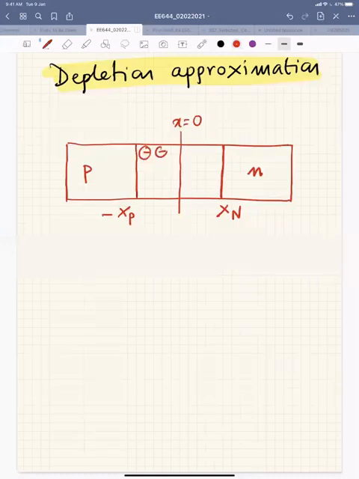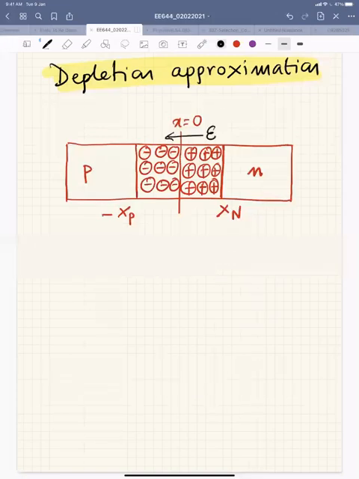I have negatively charged acceptor ions here, and positively charged donor ions on the other side. And as we saw on the last page, you have an electric field in this direction, the negative direction.